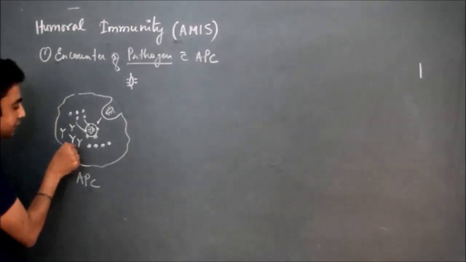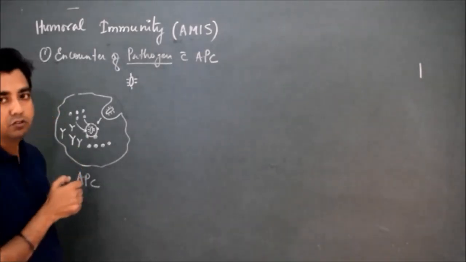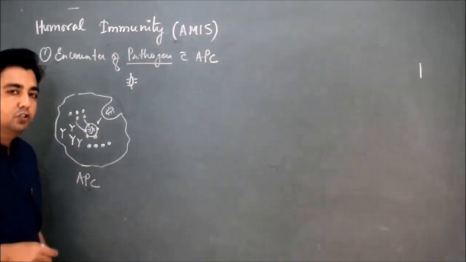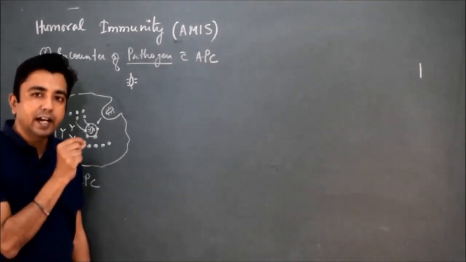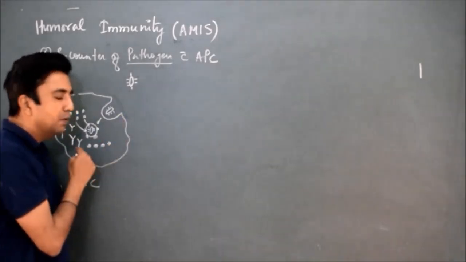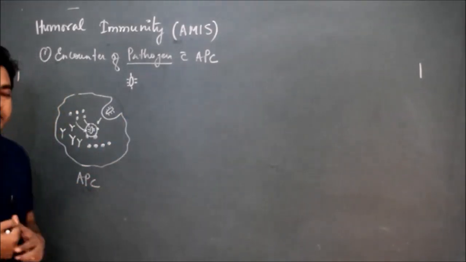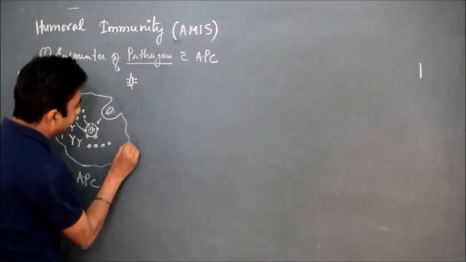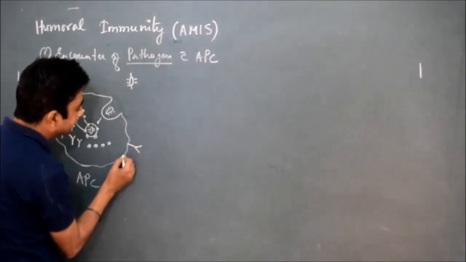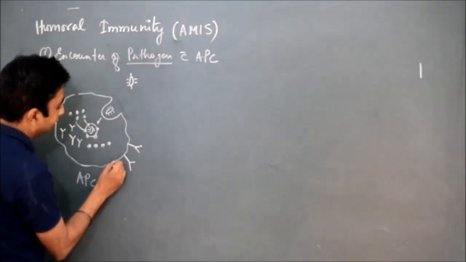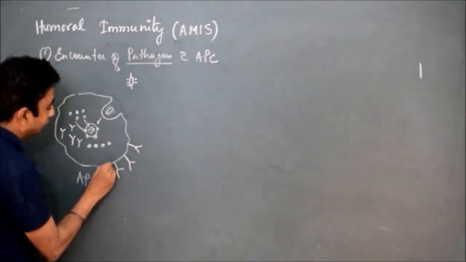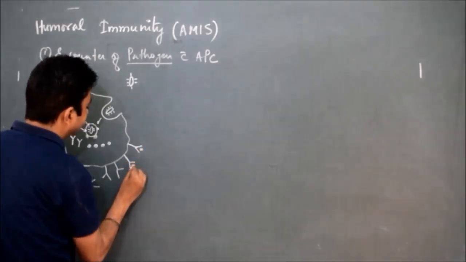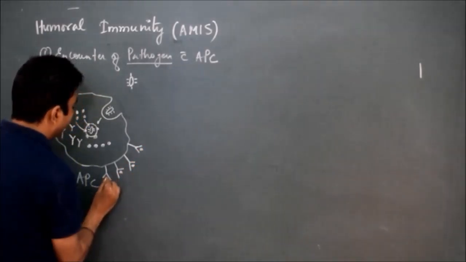The function of these MHC2 molecules is that each MHC2 molecule will take each antigen on the plasma membrane of the antigen presenting cell, on the plasma membrane of the macrophage.